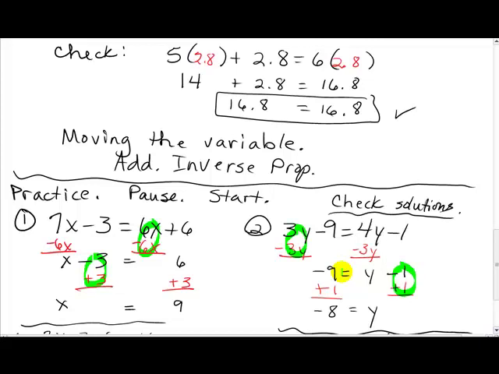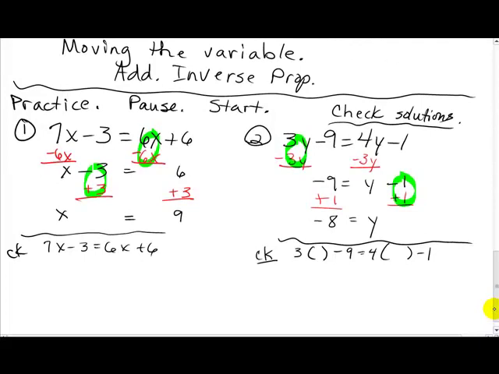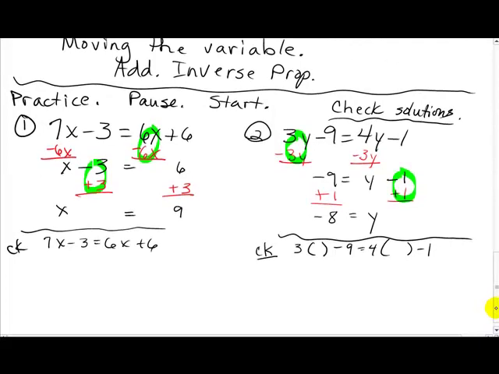Here I've worked out the problems, and now I want to check them. I really wanted to do this live action so you could see the process again, because this is so very important. Here we have 7x minus 3 equals 6x plus 6, which is what we started with.